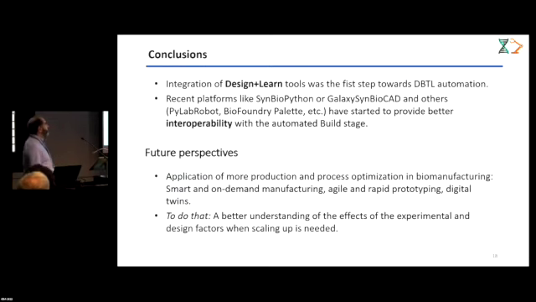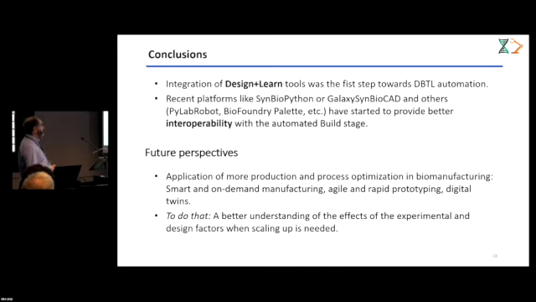So just to conclude, we have seen that the first step was to integrate design and learn towards DBTL automation, and some recent platforms like SynBioPython, Galaxy SynBioCAD, Biofoundry Palette, and PyLab Robot that are appearing are providing better interoperability with the automated build stage.